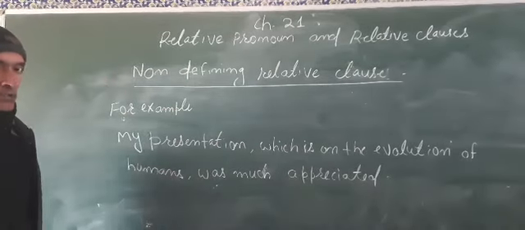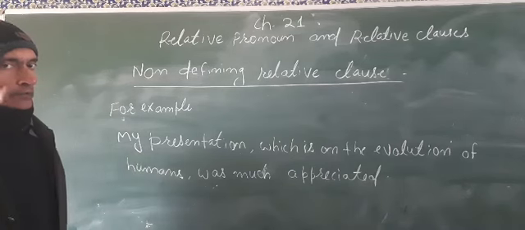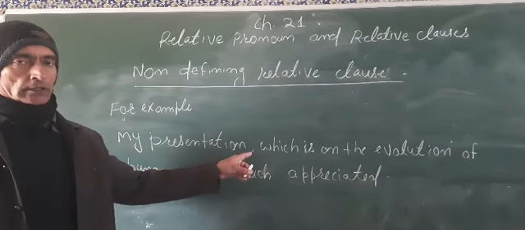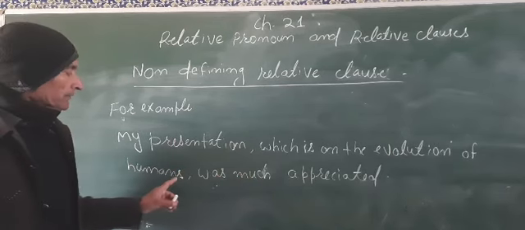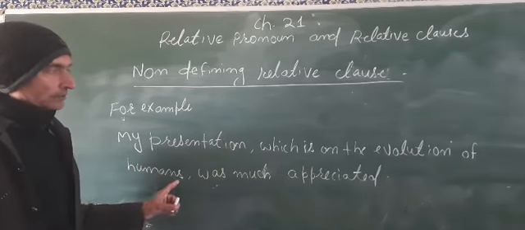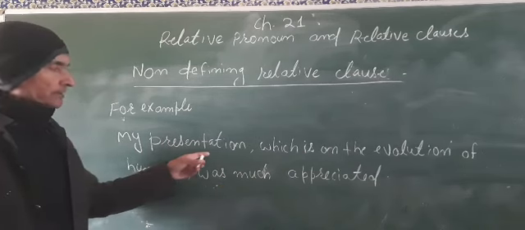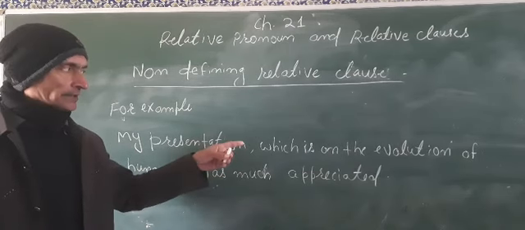So, student, can you identify the non-defining clause in this sentence? We put a comma before the non-defining clause, and where it ends, we put a comma again. It means it is unnecessary. It is giving some extra information about the presentation, but it is unnecessary.